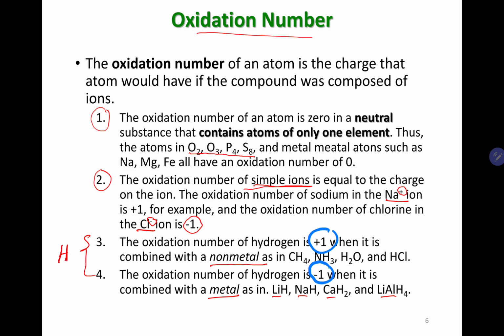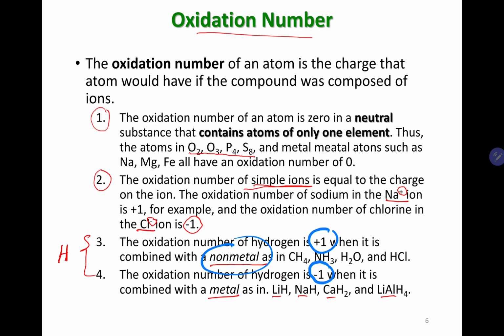Because it could be complete charges or partial charges, but once again, this oxidation number is closely associated with the electron density and what happens in a bond. I mean, what happens to electron density in a chemical bond? You know, non-metals are greedy. Non-metals, they are very greedy.